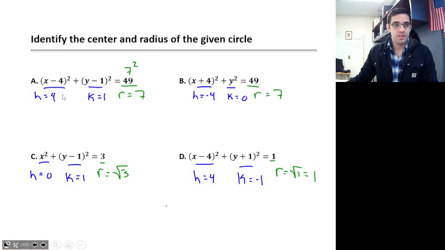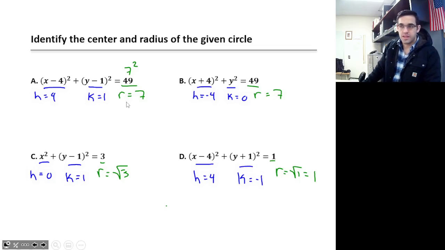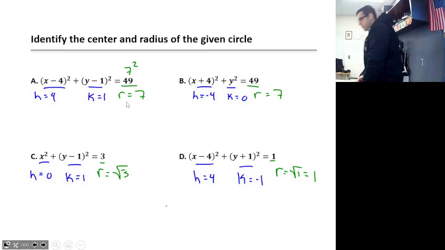So if I'm given the equation here, my h value is 4, my k value is for y, and 49 is the same thing as 7 squared, so my r value would be 7. So if we set this up, write this on the board.